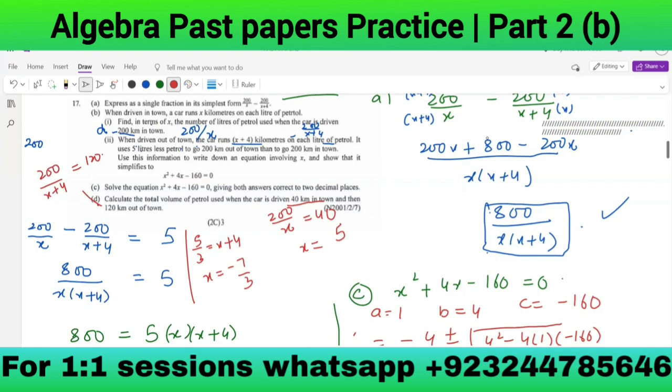So we are going to add them both and we will get the total result. Total volume of petrol by adding them both.